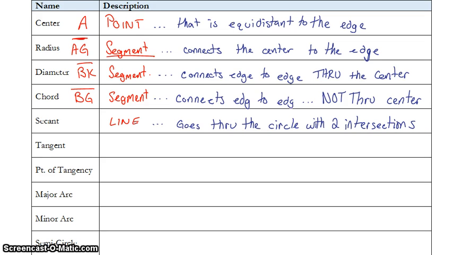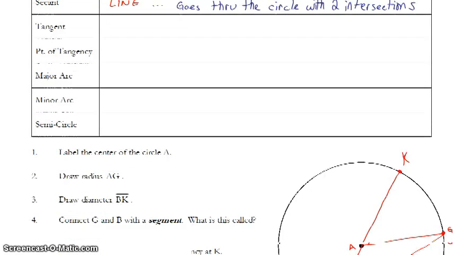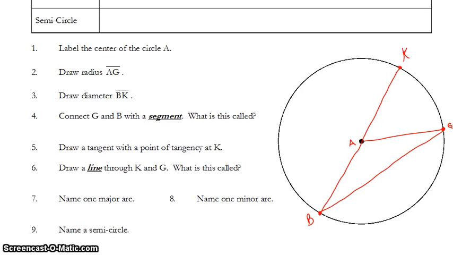It says draw a line, very different than a segment, through K and G. That's what a secant is. So instead of just connecting K to G like that, which is a chord, if I go all the way through on both sides and put arrows, it's a line. That's a secant.